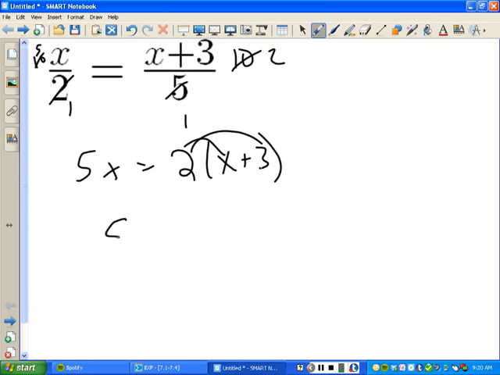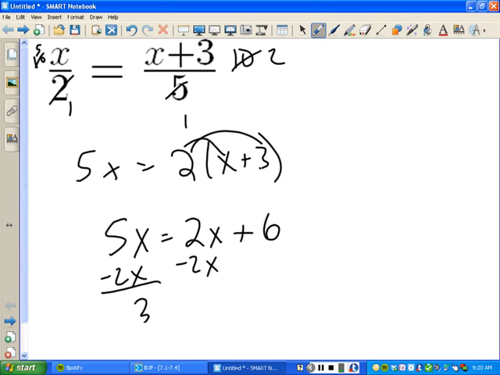This is 5x equals 2x plus 6. Subtract 2x, subtract 2x. 3x equals 6. Divide by 3, and x is equal to 2. Okay? Any questions on that?